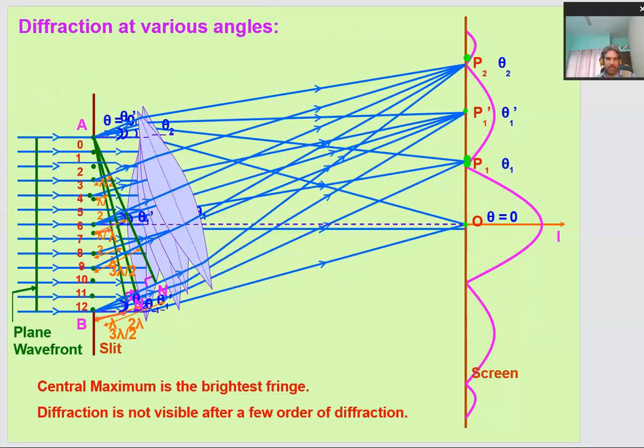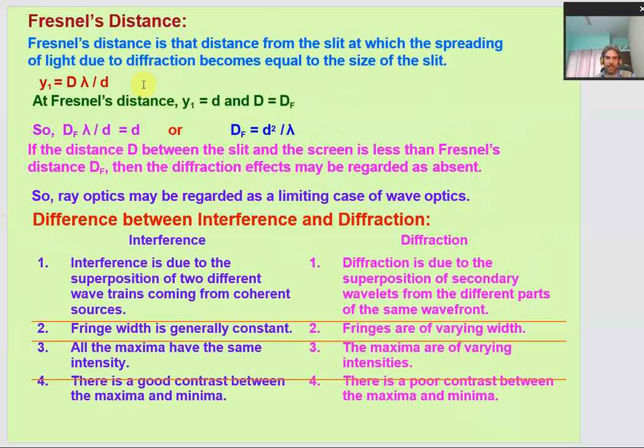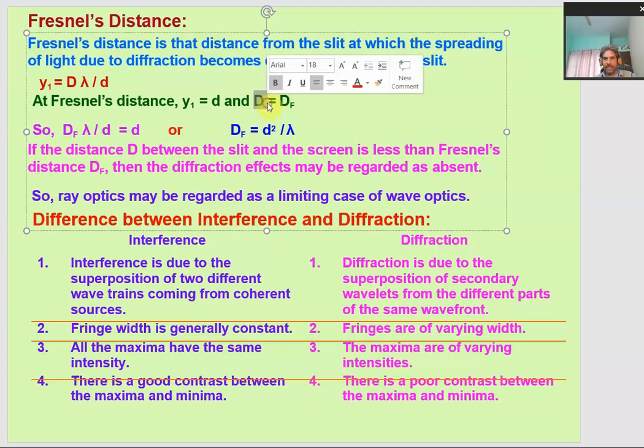So at the distance of the screen from the slit equal to the Fresnel distance, which is written as DF here, in some books it is written as ZF, there is no difference, that is just a symbol. At this value of distance of the screen from the slit, called the Fresnel distance, the light is spread up to this distance from the center of the screen on either side, right?